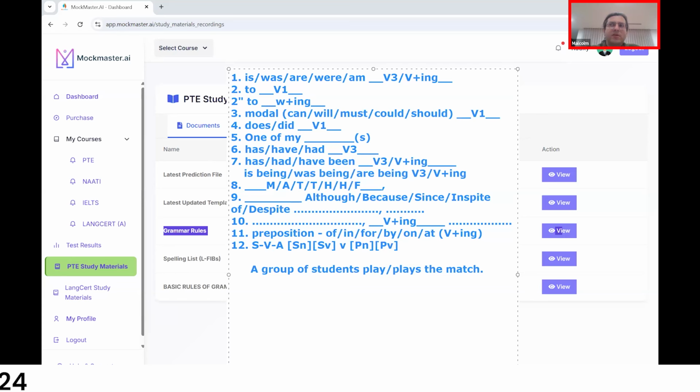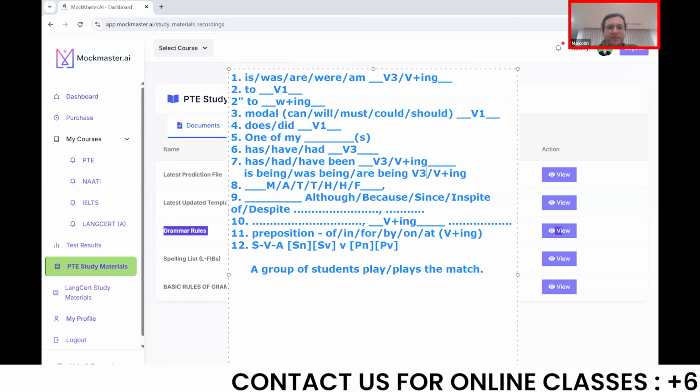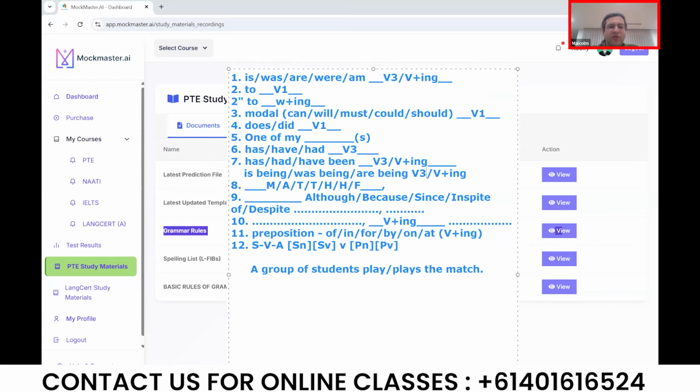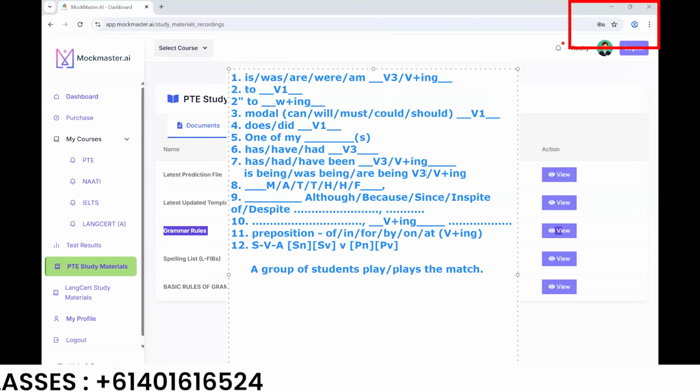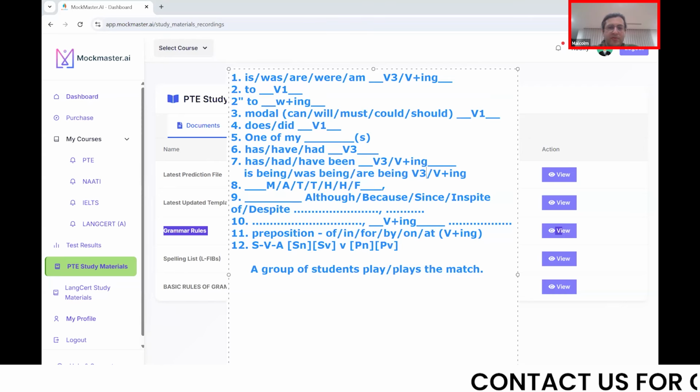For example, they are being followed by someone. So it will be follow plus ed, V3. They are being fooled by someone.